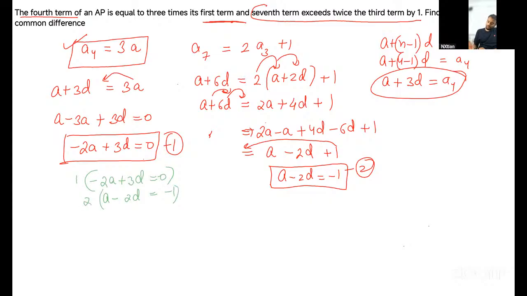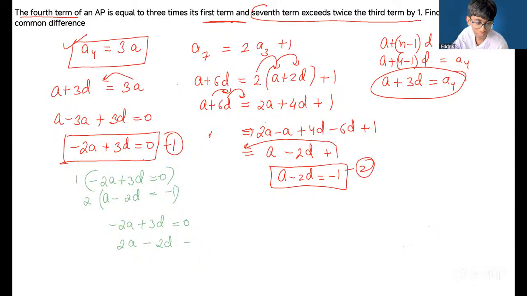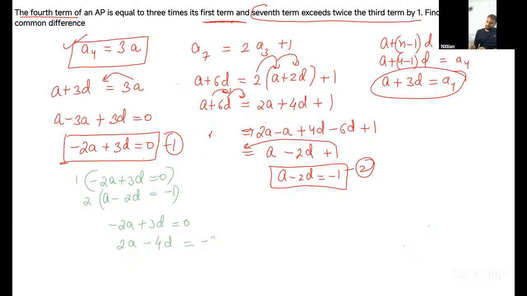So it will become minus 2a plus 3d is equal to 0 and 2a minus 4d is equal to minus 2. Now, because they have the same sign, I simply add. So it becomes minus d is equal to minus 2, minus and minus cancel.